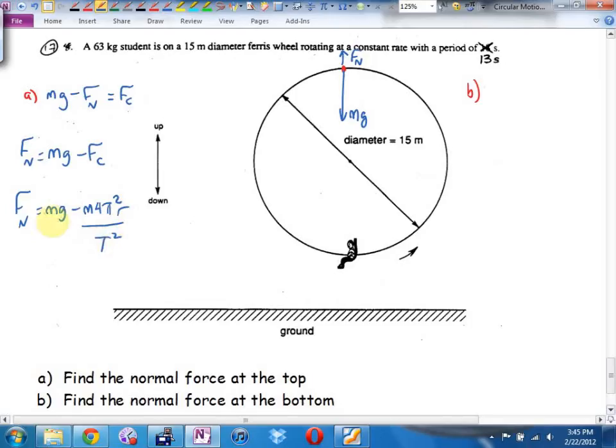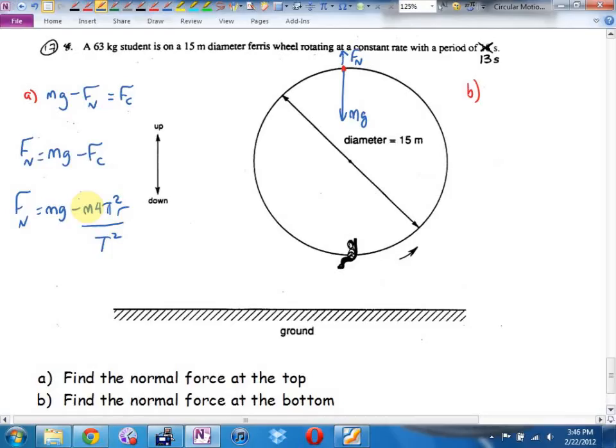By the way, normally, no pun intended, what's your normal force? What are you all feeling right now as your normal force? That, right? mg. So here's my question. At the top of a roller coaster, at the top of a Ferris wheel, would you feel lighter or heavier?